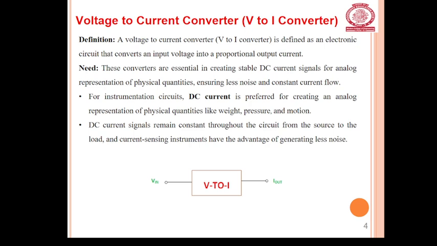These converters are essential because in the instrumentation and automation industry, when sensors convert physical quantities like pressure and temperature into proportional voltage, if we transfer that voltage for a long distance, for a data acquisition system or to display, that voltage gets decayed over a distance.